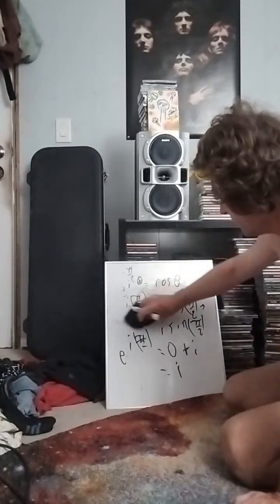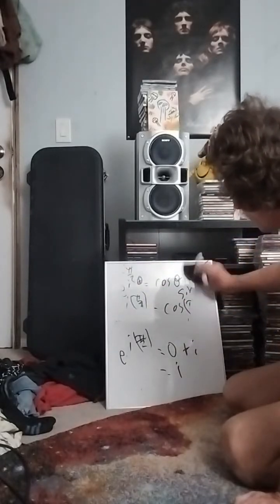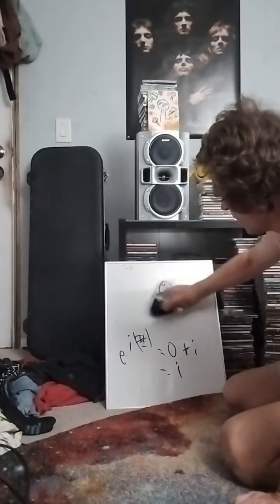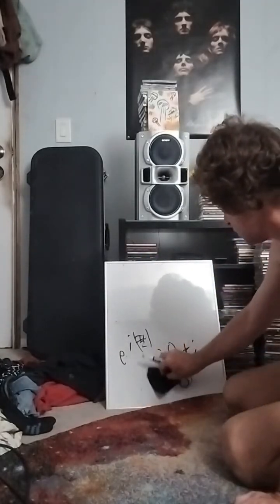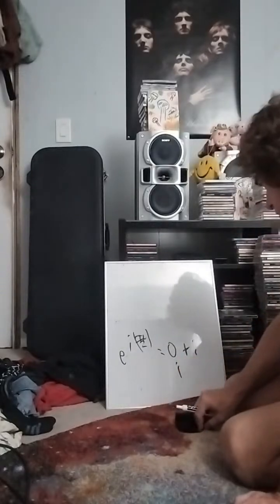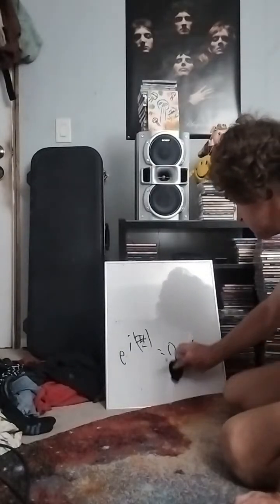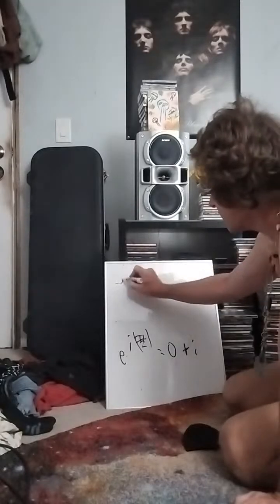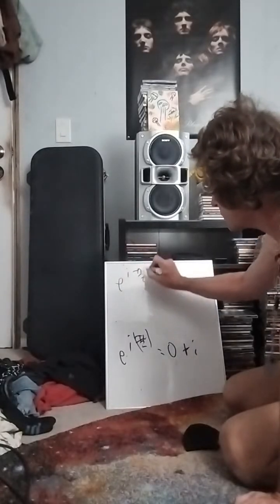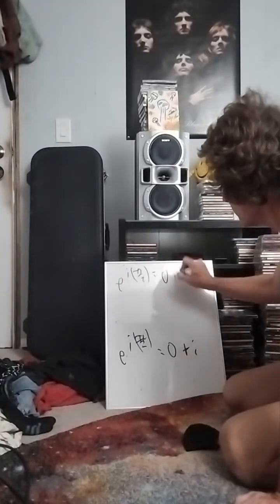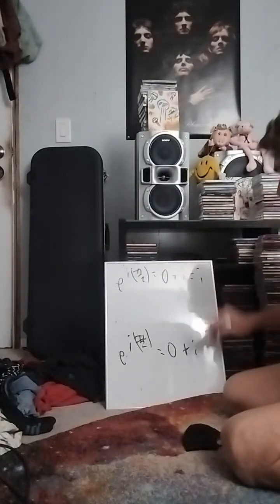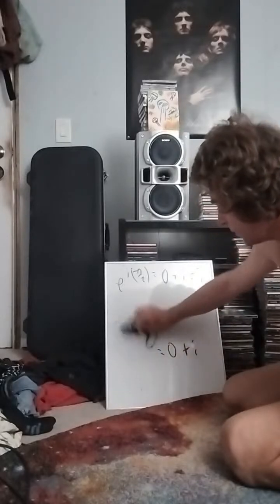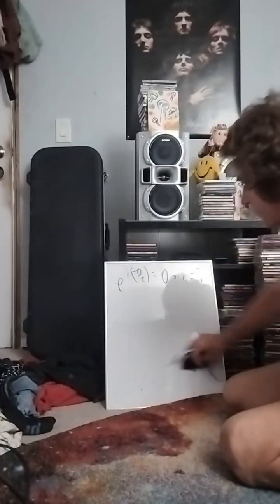Let's write it up here: e to the i pi over 2 equals 0 plus i equals i. This is not Euler's anything, it's just a little formula.